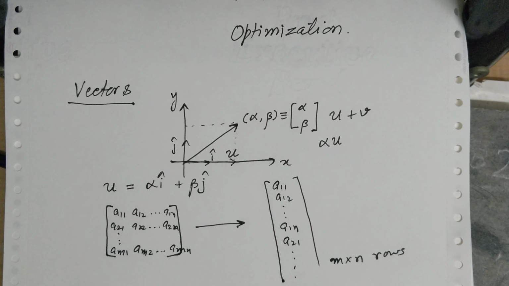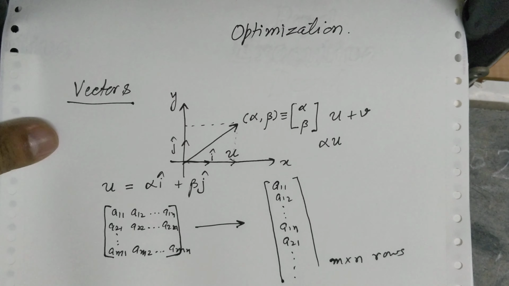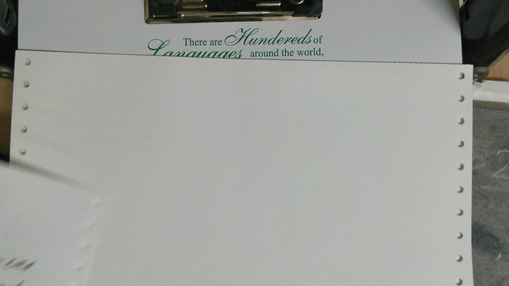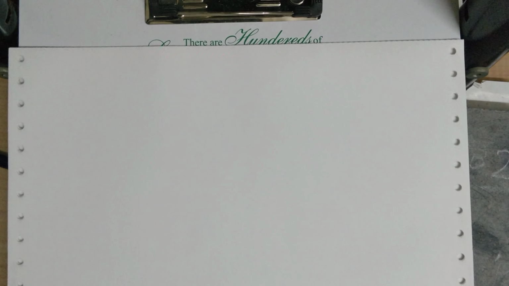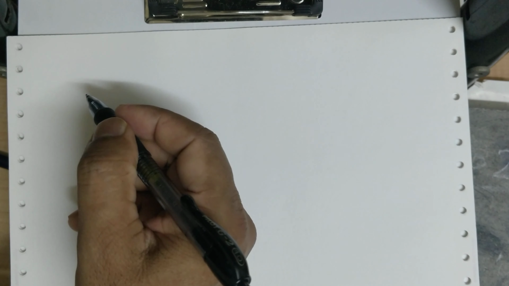So the fundamental objects for us are going to be vectors, and one should understand few important concepts related with vectors. So what are the things that we should know about vectors?